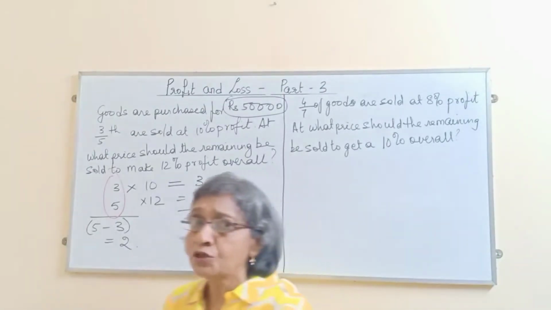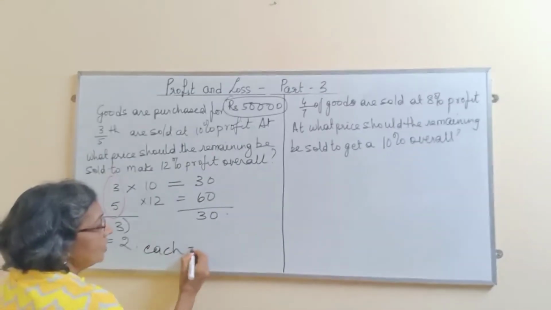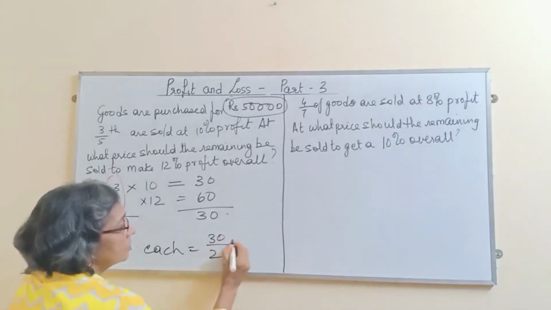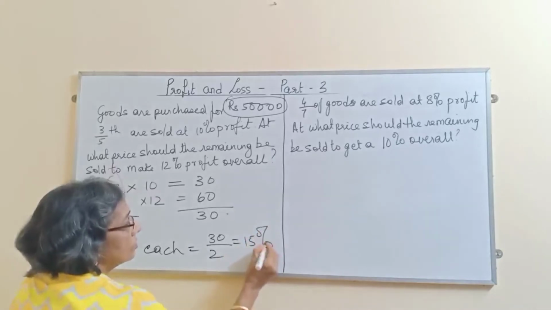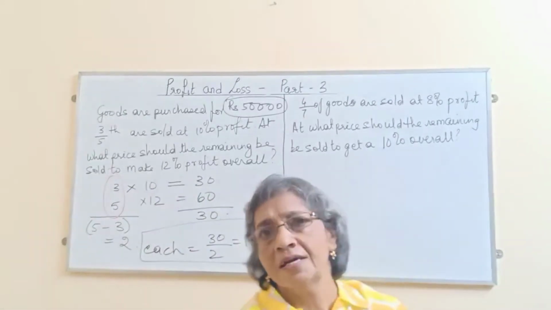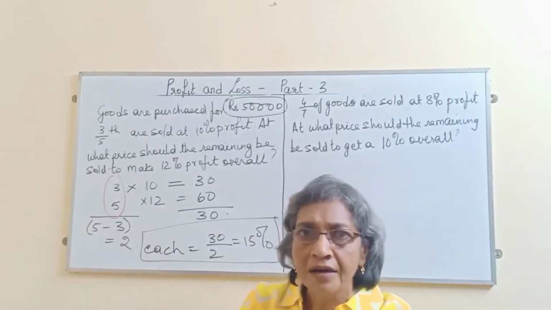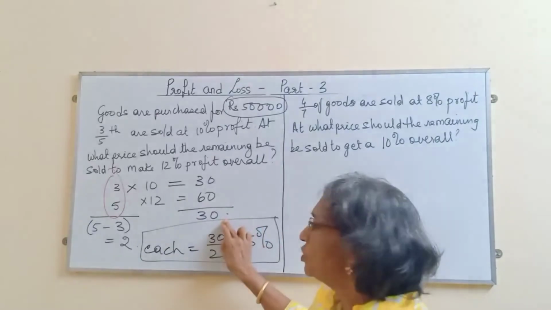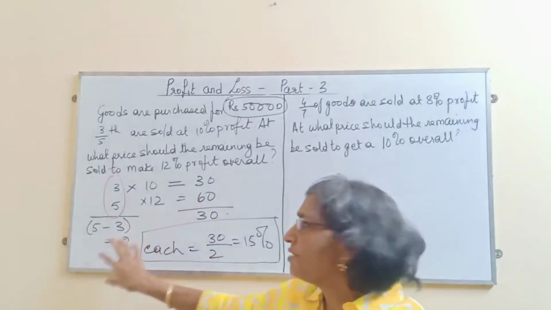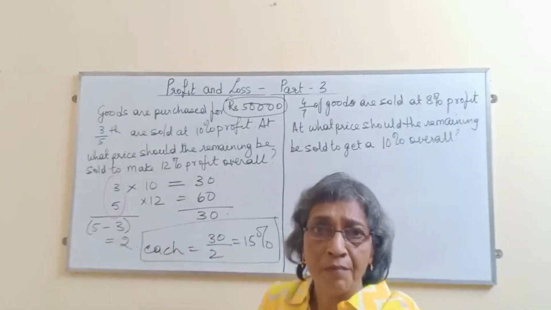So each will be sold at how much? So each will be at 15% profit. Get this very, very clear. Subtract this, whatever is your remainder, and subtract these 2, whatever answer you get, just divide that by the number of the articles which are remaining.